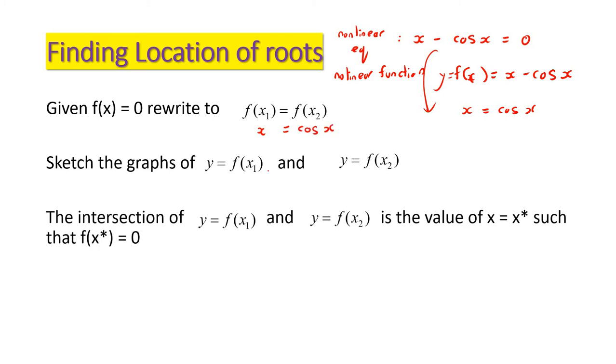Then you sketch the graph of y equal to x and the graph of y equal to cos x. The intersection of the graph of y equal to x and y equal to cos x is the value x equal to x star such that f(x star) equal to 0. This is one way to find the location or the interval of the roots.